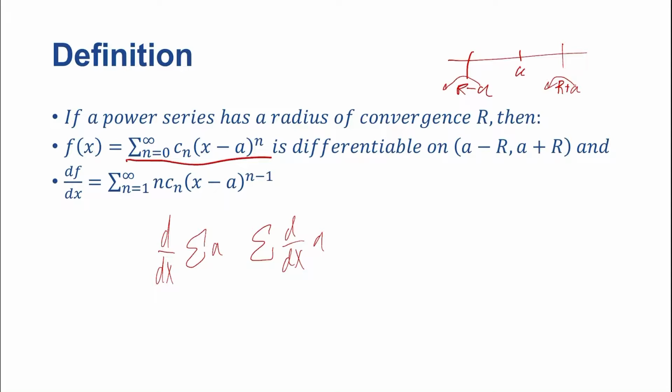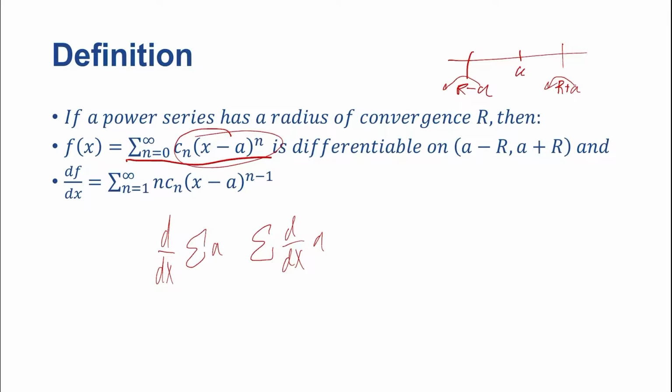So we take the derivative of this term here, which is a very easy thing to do. We just need to use the power rule. So we get the sum from n equals 1 to infinity of n times c sub n times x minus a to the n minus 1th power.